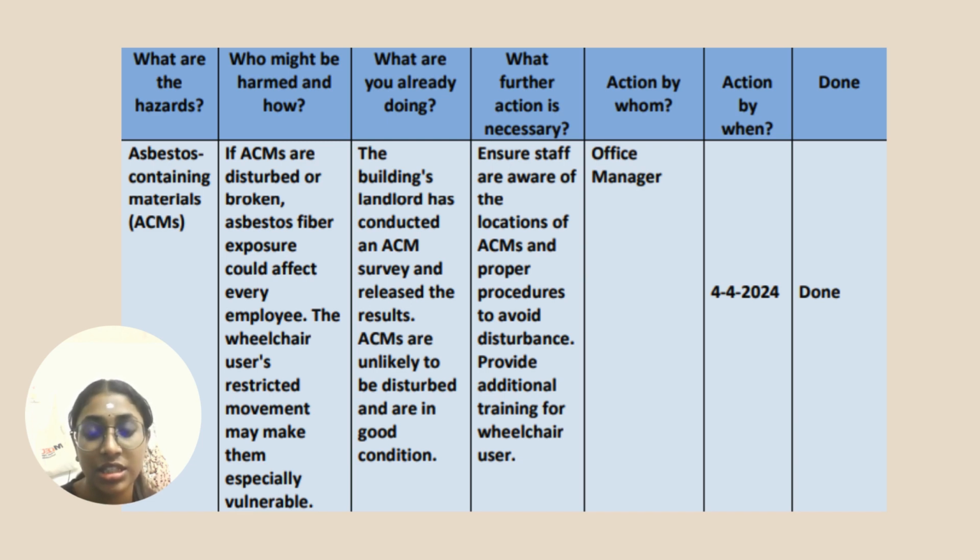The further action we are taking is to ensure the staff are aware of the locations of ACMs and the proper procedure to avoid disturbance. We will also provide additional training for wheelchair users. This action is taken by the office manager. The action is done on 4th April 2024 and the action is already done.